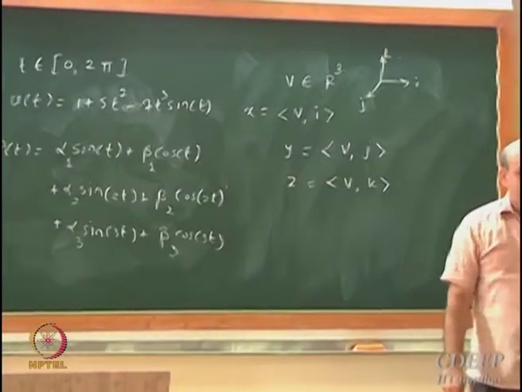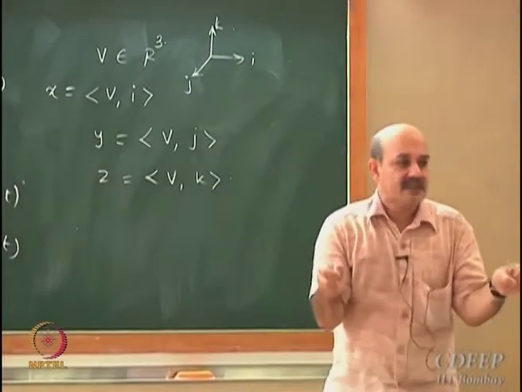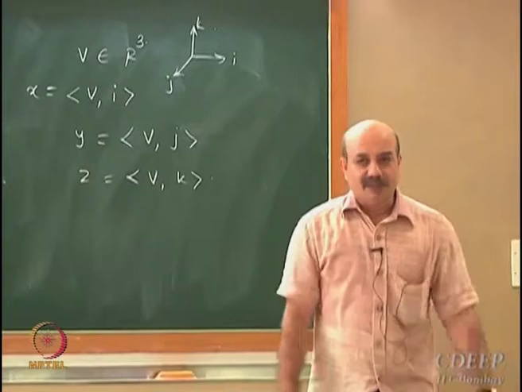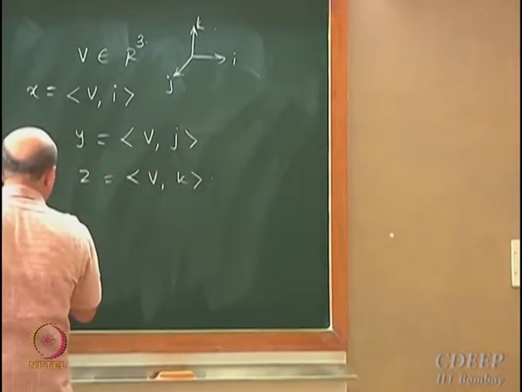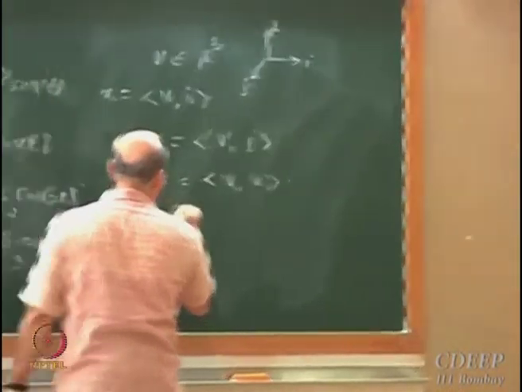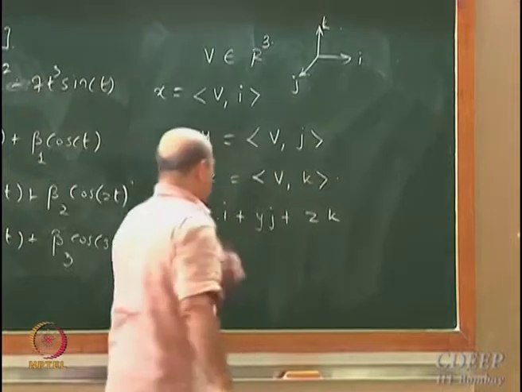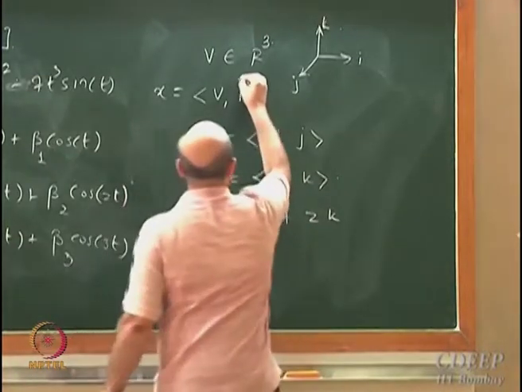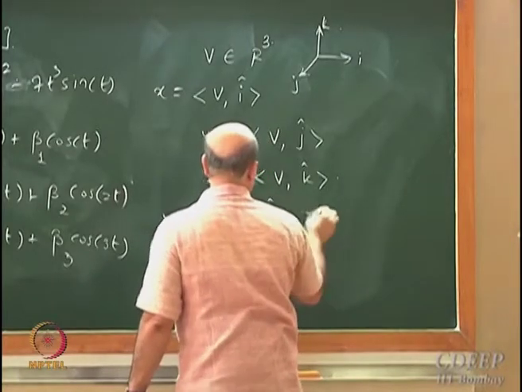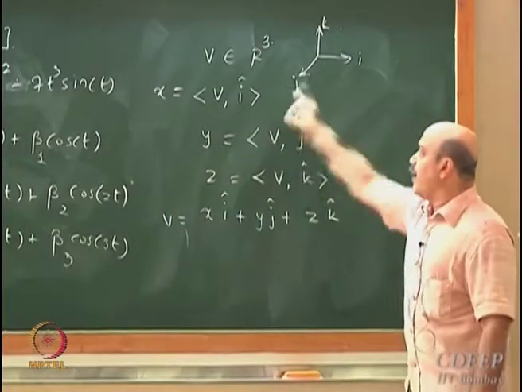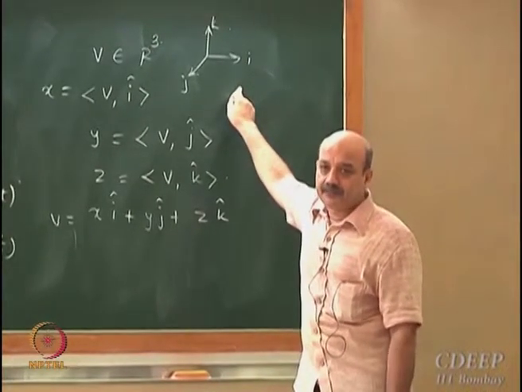How do we express this vector? We express it as v equal to x i plus y j plus z k, where i cap, j cap, and k cap are unit vectors.